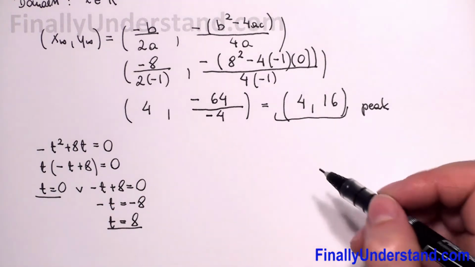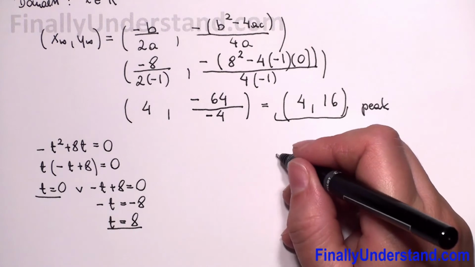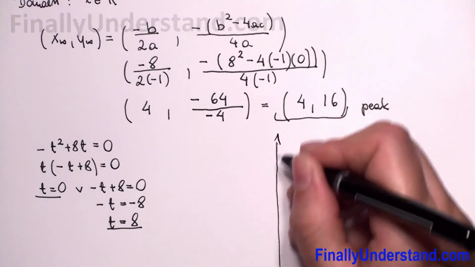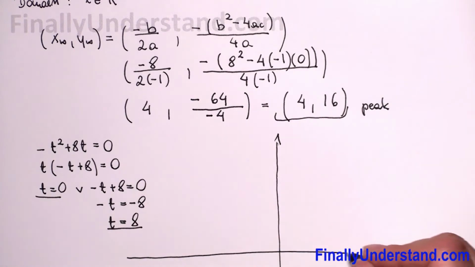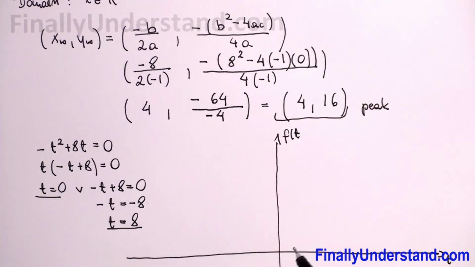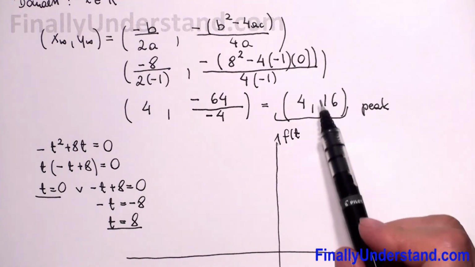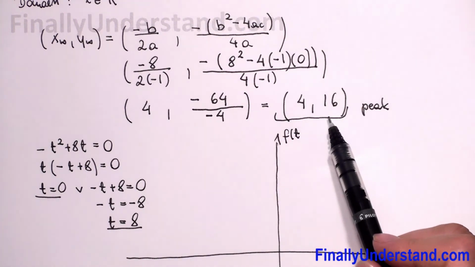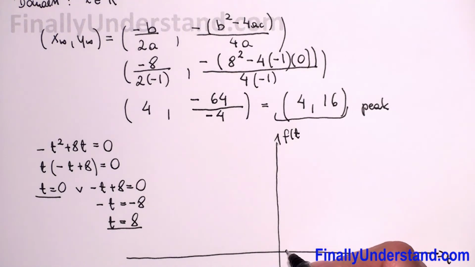We can draw our parabola. So first we have to draw xy plane. In our case we have t-axis and f of t. Because we have in our peak 4, 16, I have to choose small unit.